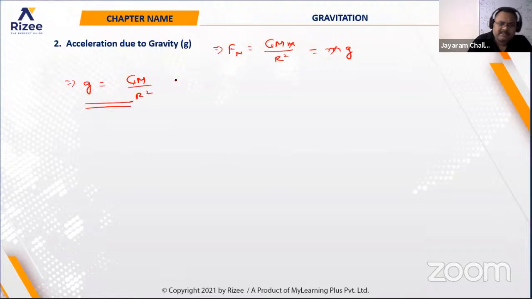Since it's an acceleration, obviously it will have the units of meter per second square. In this situation, the acceleration due to gravity is numerically equal to the E, which is nothing but the gravitational field intensity.